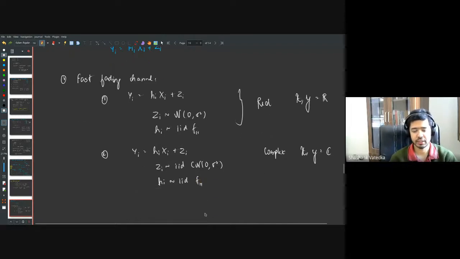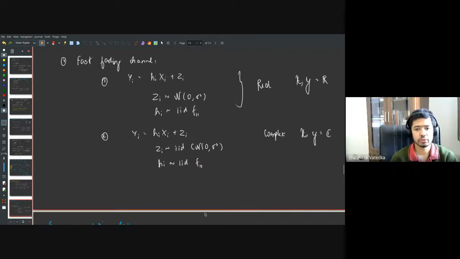All right. So note, again coming back to the earlier question. Let's assume that each Z_i is IID complex Gaussian and each H_i is IID according to some complex distribution, some distribution on the complex numbers. If you try to split this apart, you can view this as a sequence of n complex numbers, or also as a sequence of 2n real numbers, right?